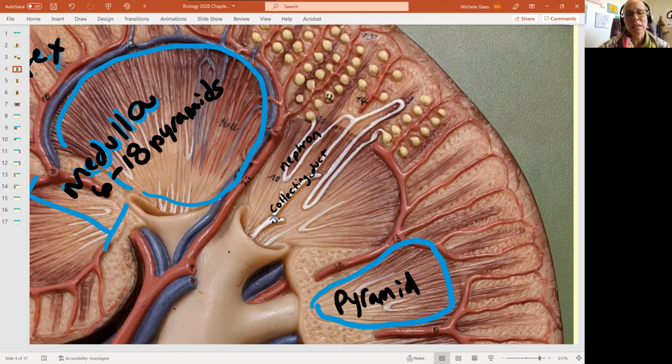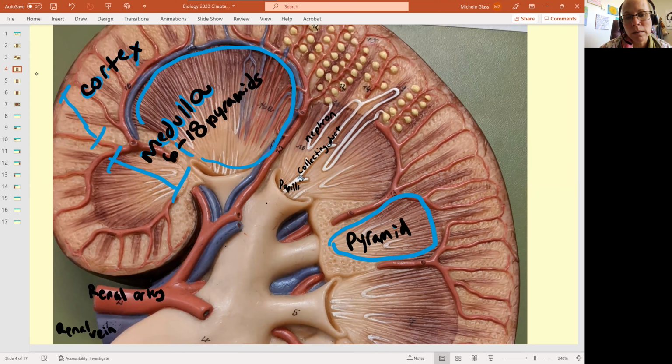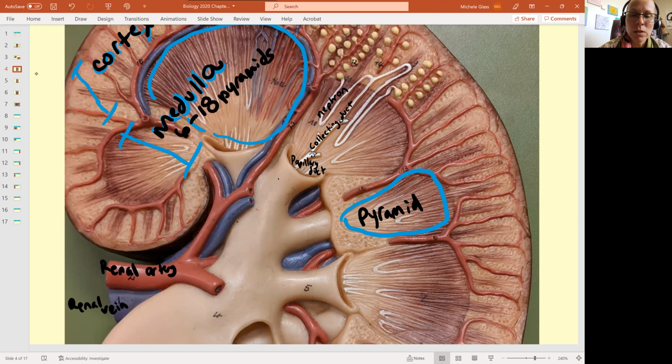And then we'll see several collecting ducts are going to empty into what's called the papillary duct. So our tubing is getting progressively larger and larger. Also, we're seeing multiple nephrons feed into a collecting duct, and multiple collecting ducts feed into the papillary duct. From the papillary duct, we're going to enter into what's called a minor calyx.